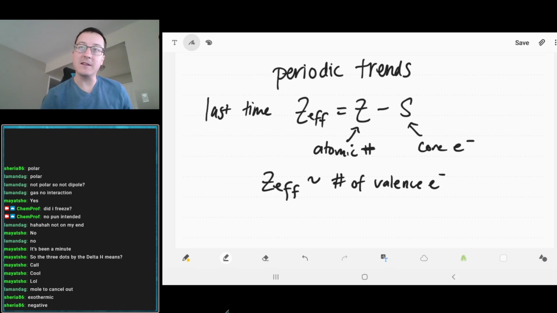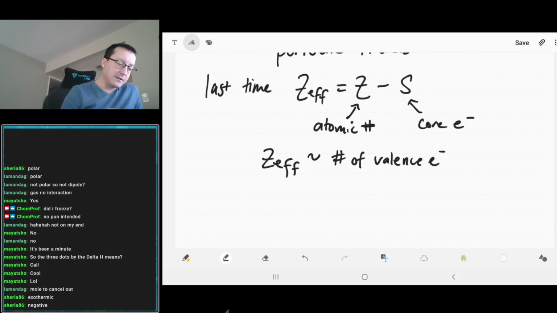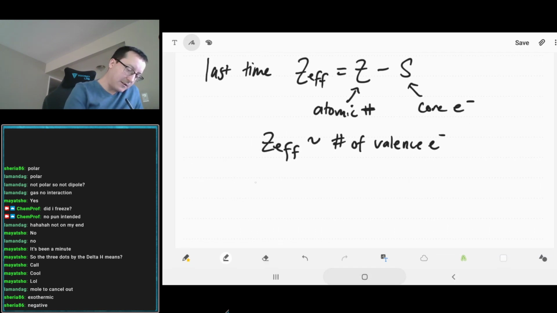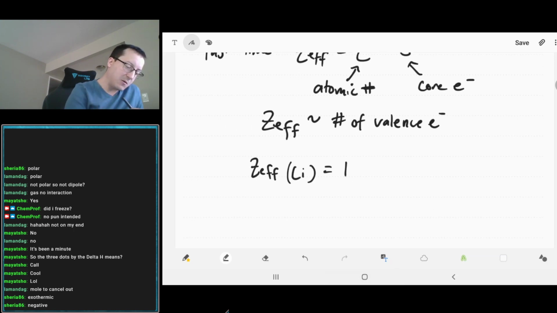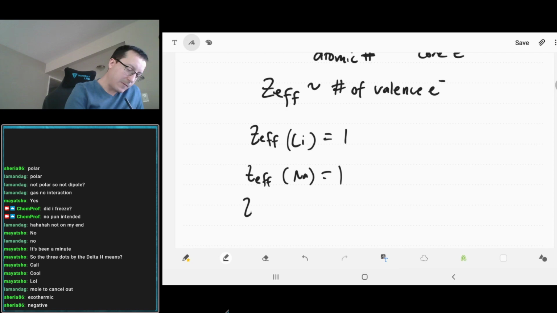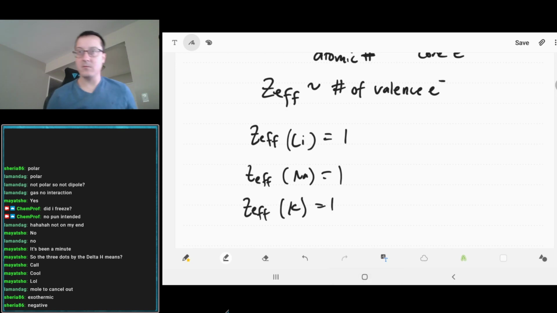So with that being said, there's another trend that we want to look at. Using this, we would expect the effective nuclear charge for lithium to be 1, for sodium to be 1, and for potassium to be 1.